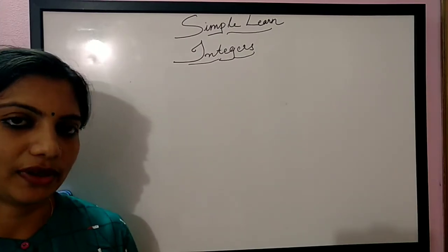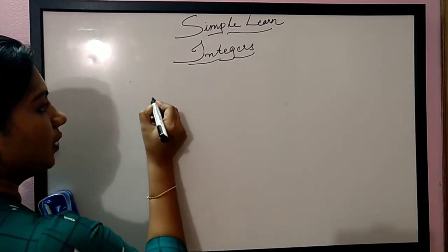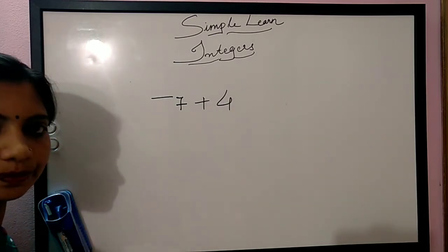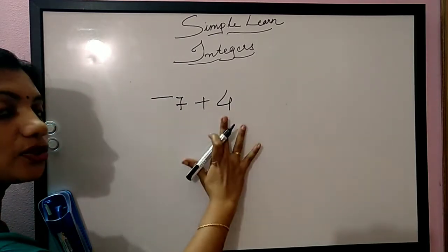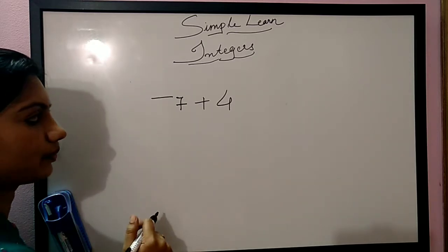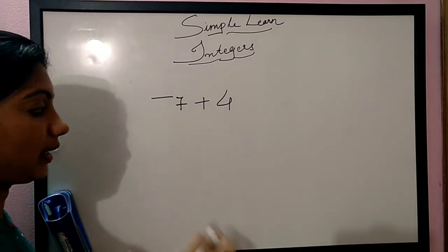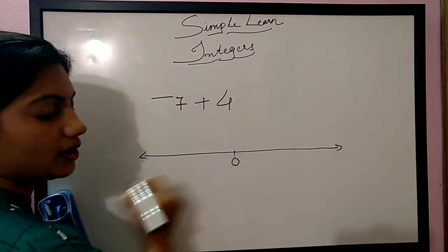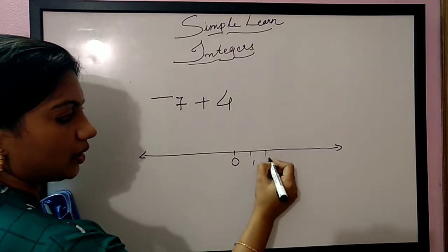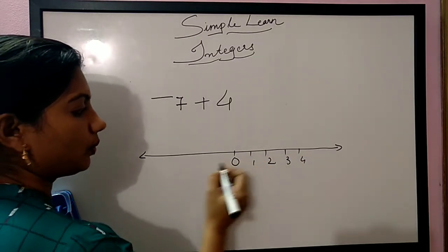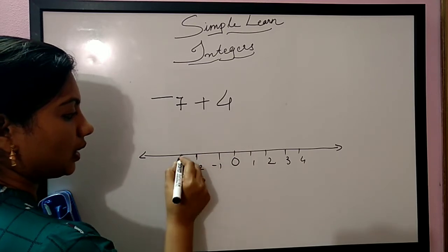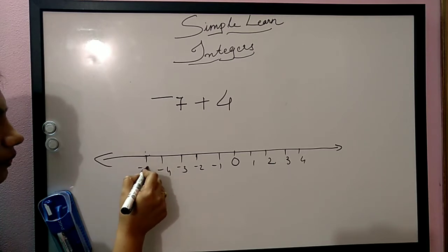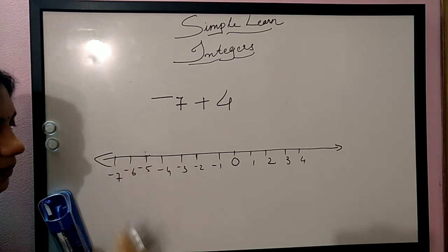Let's look at one example of addition. Negative 7 plus 4. How do you add these two integers? We have learned about the number line. You have to draw this number line: 0, 1, 2, 3, 4, negative 1, negative 2, negative 3, negative 4, negative 5, negative 6, negative 7.